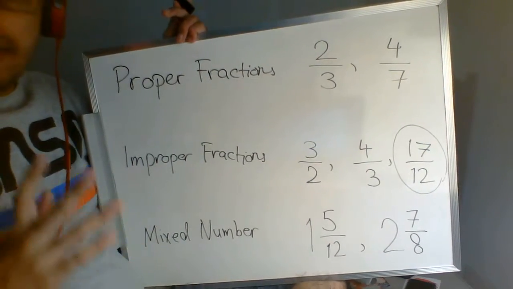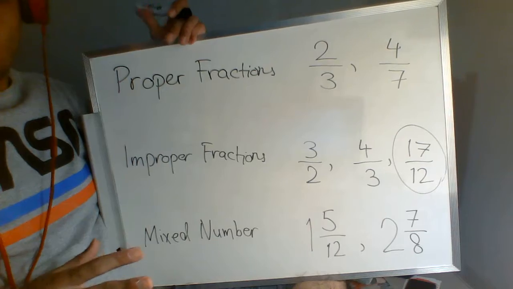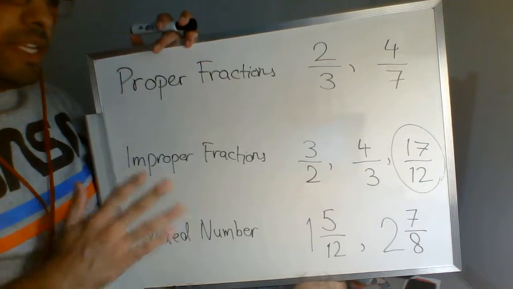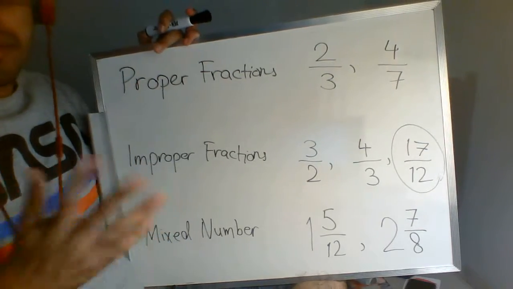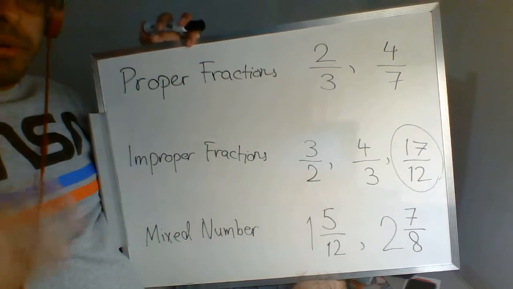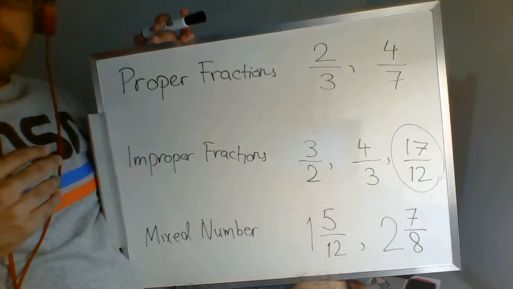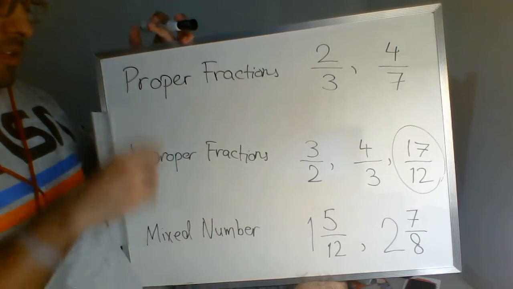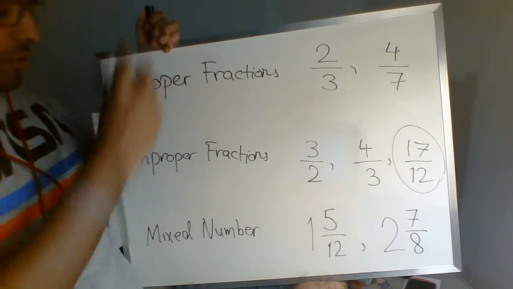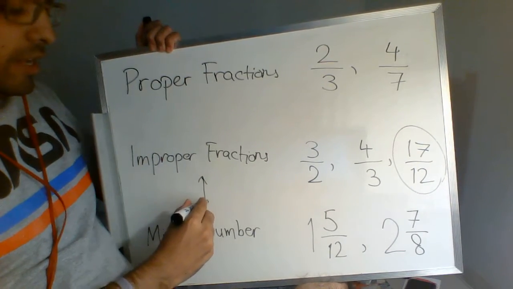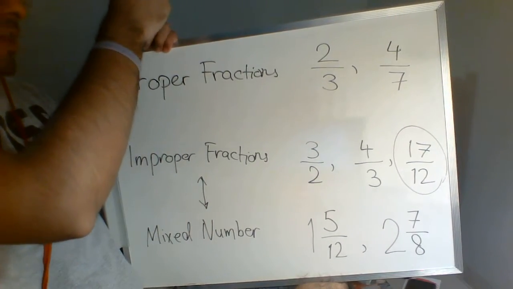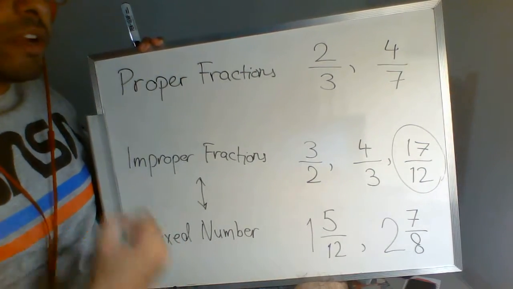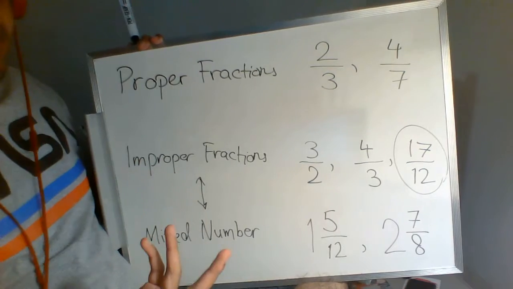Now what we're going to do in the rest of this lesson, we're going to go through a couple more reducing examples, which is what we were doing yesterday, or hopefully yesterday, depending on when you see this, what we were doing last lesson. And then we're going to take that one step further and dive into the relationship between improper fractions and mixed numbers, because they represent the same idea, right? They both represent having some complete parts and some incomplete parts.